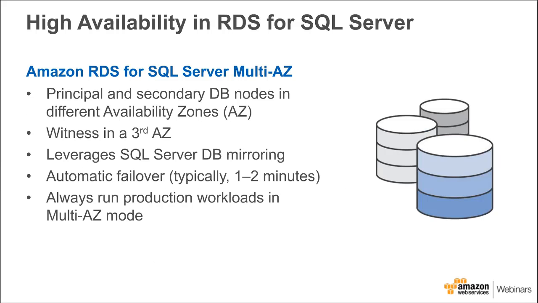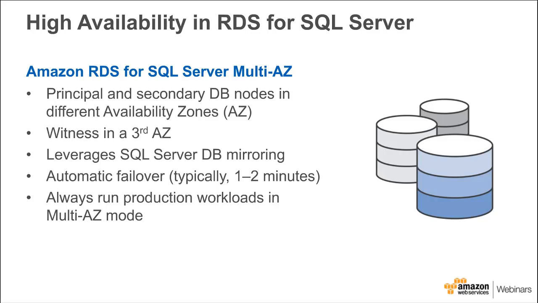Now, unlike EC2, where you have to set up your own HA solution using Always On availability groups or other mechanisms, Amazon RDS provides a fully managed, hands-off HA solution when you deploy your database instance in multi-AZ mode.